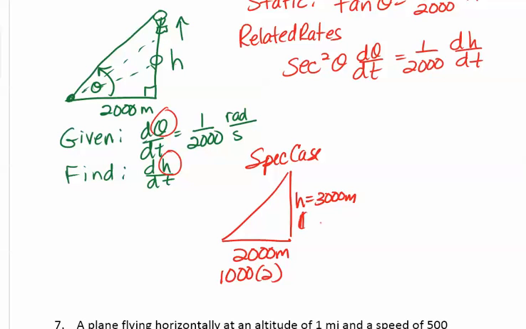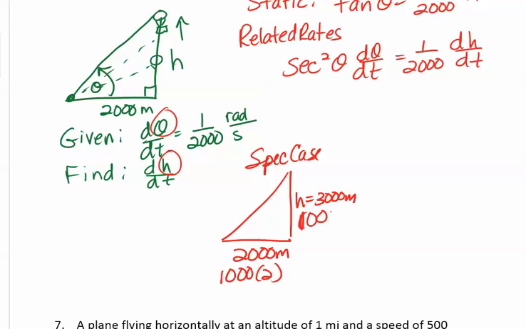1,000 times 3. So our hypotenuse would be 1,000 times 2 squared plus 3 squared. 2 squared plus 3 squared, 4 and 9 is square root of 13 for our hypotenuse. And we need the hypotenuse in order to do the secant.